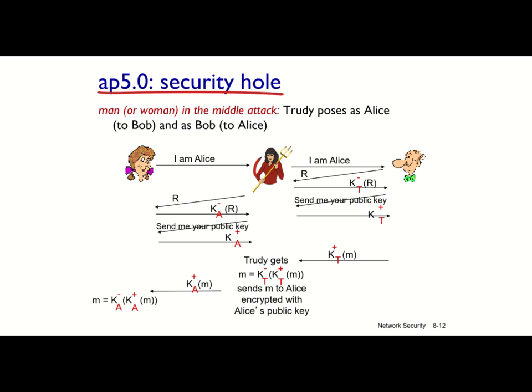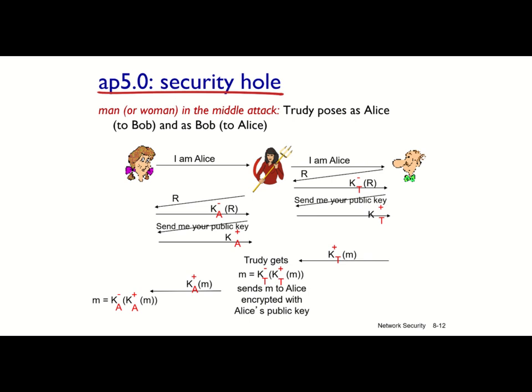So the intruder replies to Alice by sending her the random number R, and then Alice replies with the encrypted R. Alice obviously uses her own private key Ka minus to encrypt the number, and then after that the intruder asks Alice for her public key, and then Alice replies with her public key.